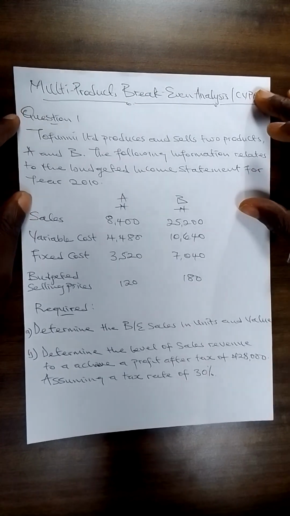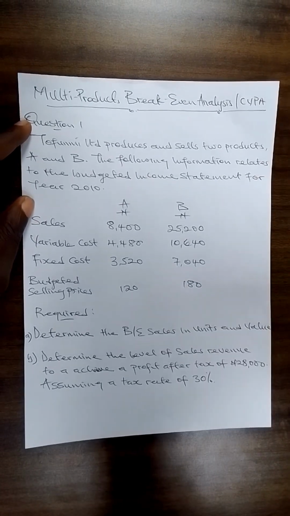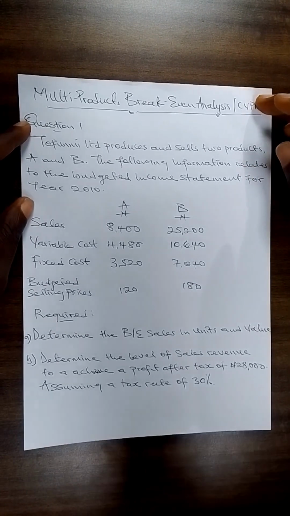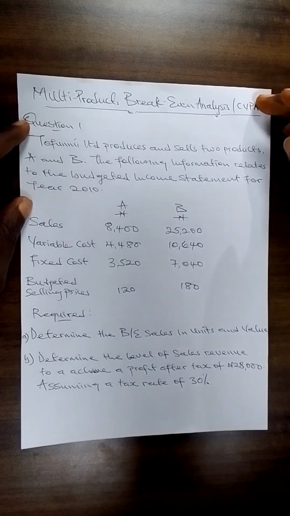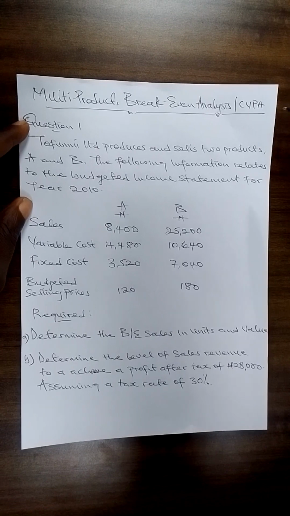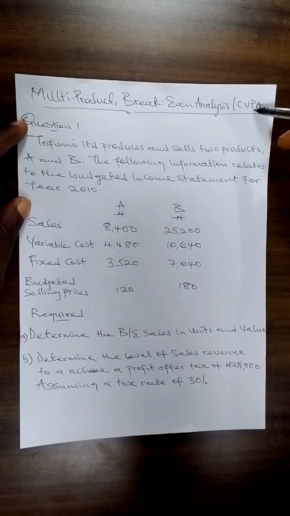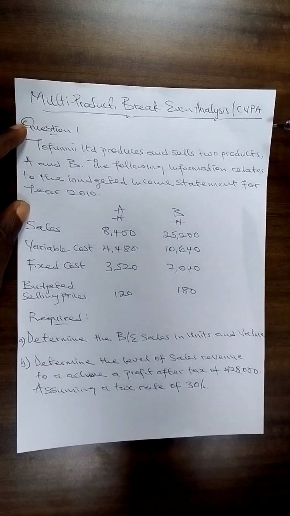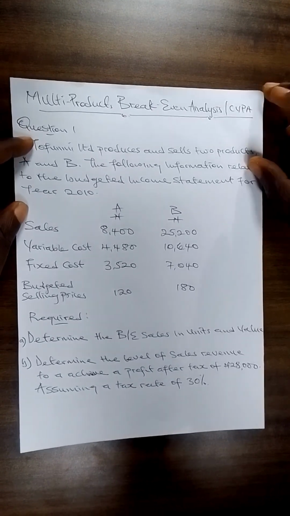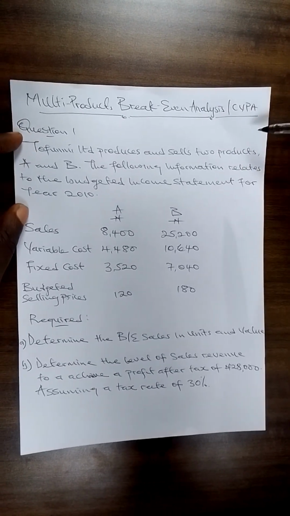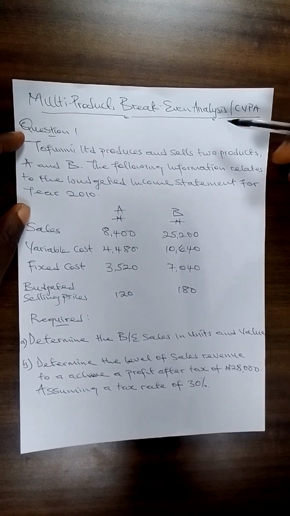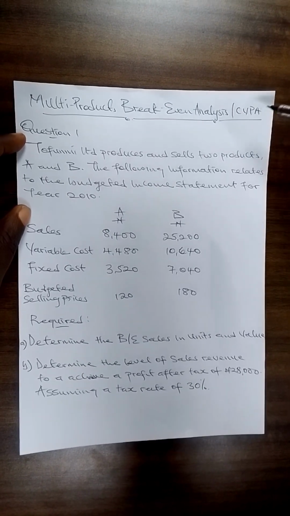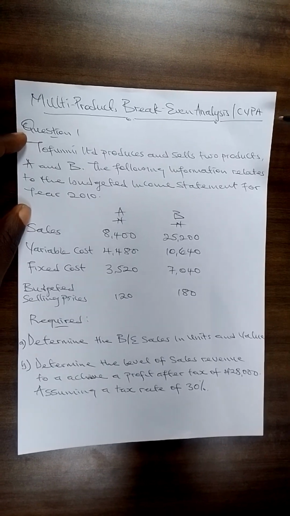Today we shall be looking at a question on multi-product break-even analysis or cost volume profit analysis. In our previous video, we explained the uses of break-even analysis or cost volume profit analysis.